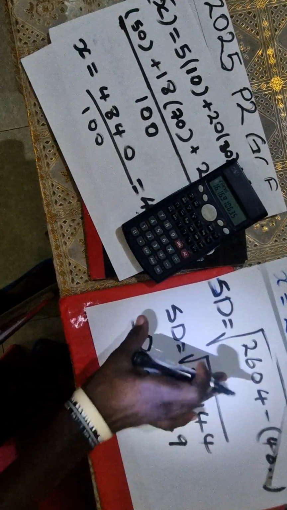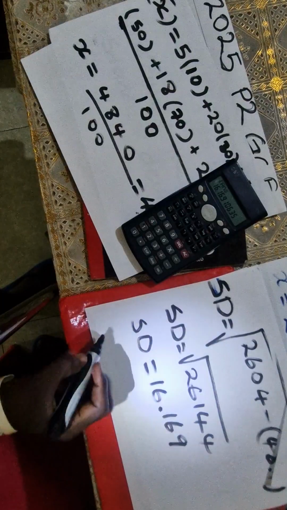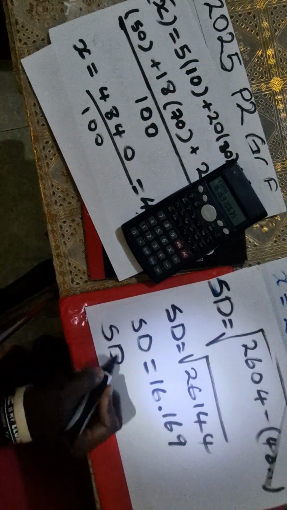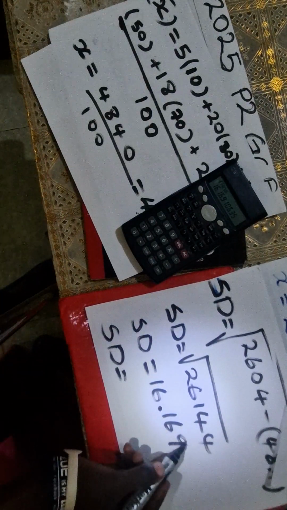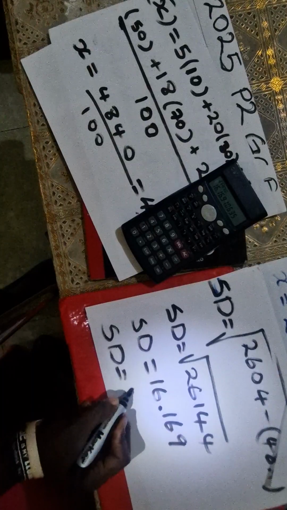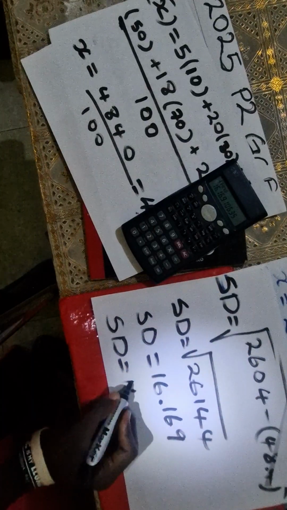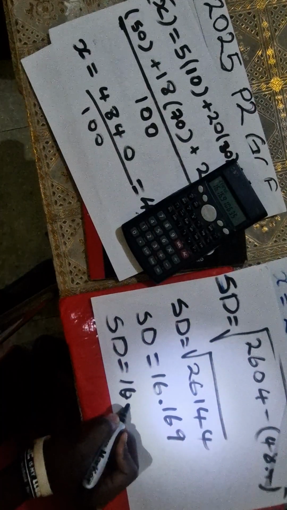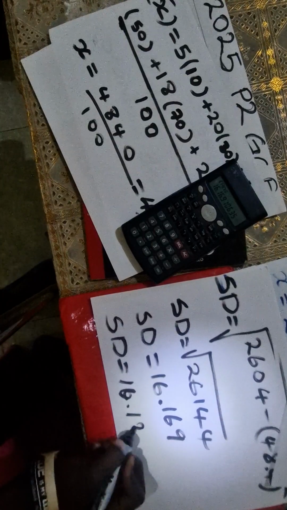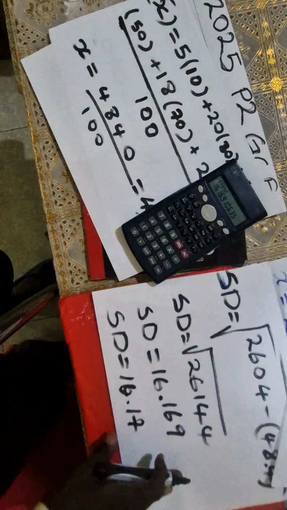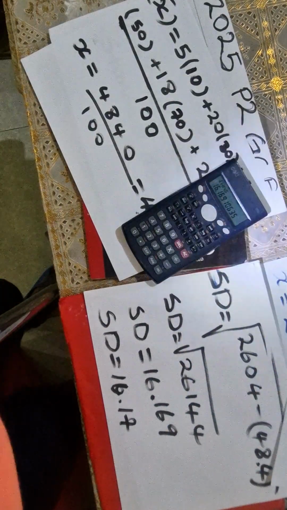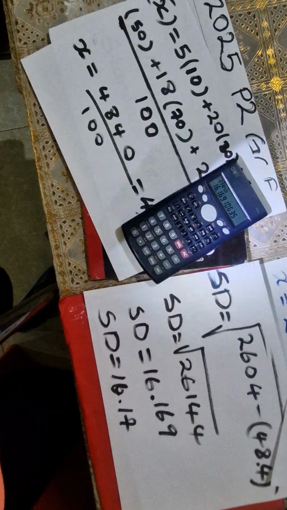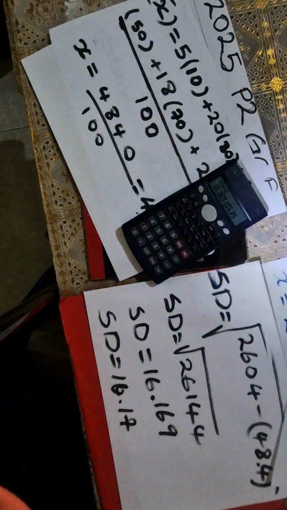We mostly say it has to be rounded off to 3 significant figures. So 1, 2, 3. This 9 will go here. It will be 16.17. We end it here. Then you are fully solved. This question normally carries how many marks?